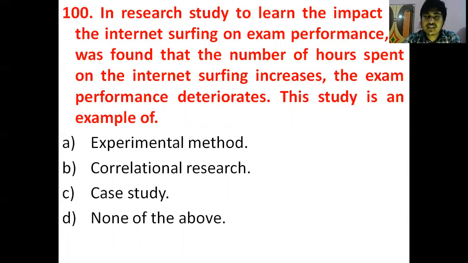Okay, the study is an example of what? The study is an example of correlational studies, correlational research. Okay, see, increase of one variable deals with the decrease of another variable. So correlational research is the relationship of the two variables. So here increase of one variable deals with the decrease of another variable. So our correct answer will be option B, correlational research. So option B is the correct answer.